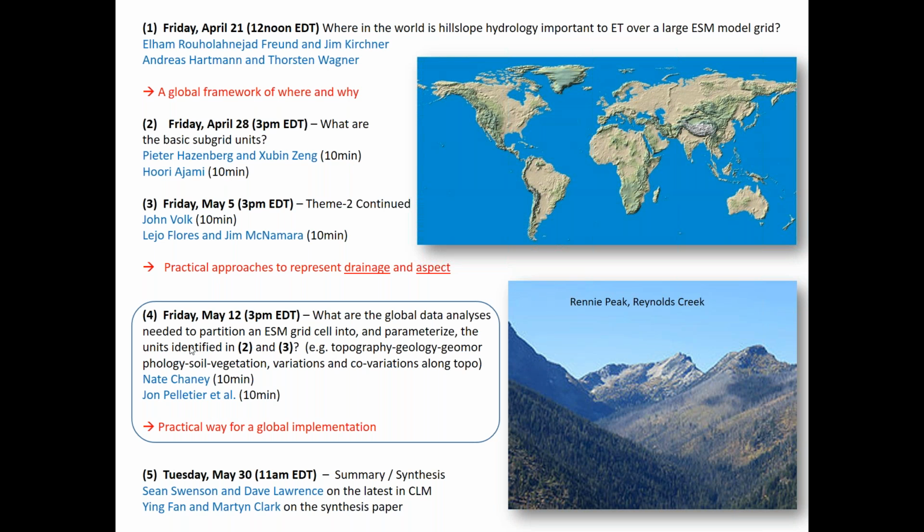For example, what kind of topographic DEM analysis, geologic, geomorphology, soil, vegetation analysis, variations of these parameters, as well as the covariations along topographic gradients. If we think topography is a strong organizing principle for water and for sedimentation, for plants, etc.